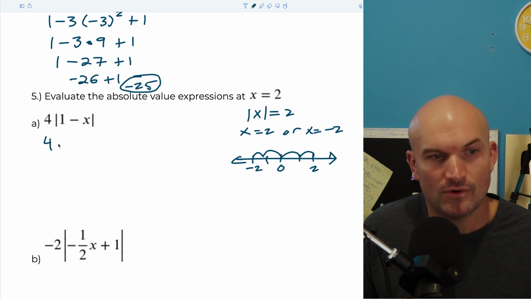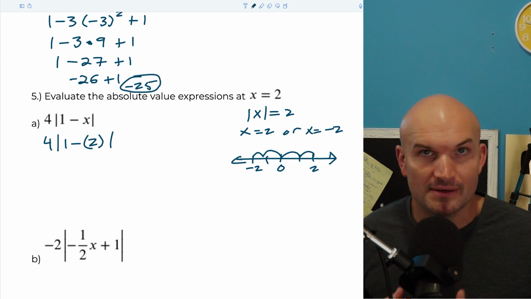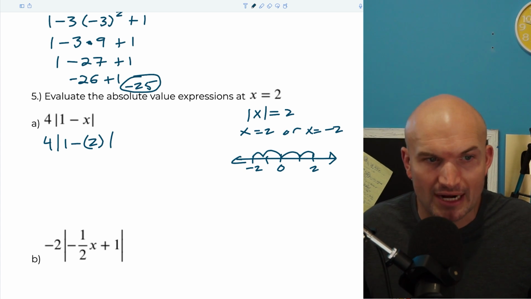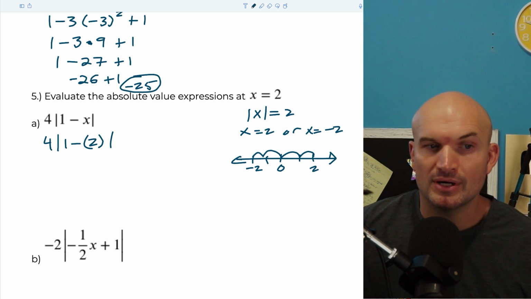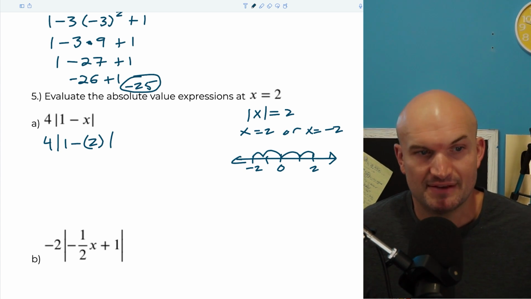So what I'll do here is I have a 4, absolute value of 1 minus parentheses 2, and then end absolute value. Whenever I'm evaluating, whatever I'm plugging in, I always like to put parentheses around it. That triggers me to remember what I'm actually replacing. Like I replaced the x with 2, so that reminds me of that.